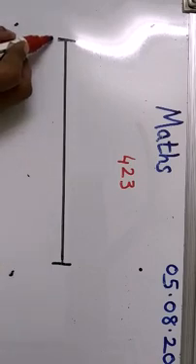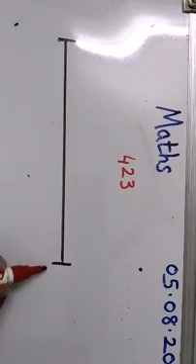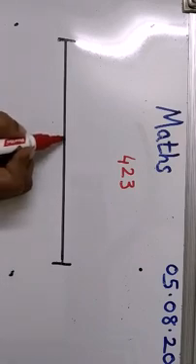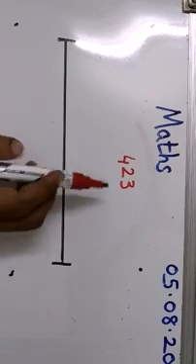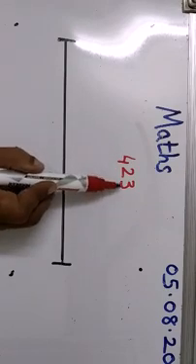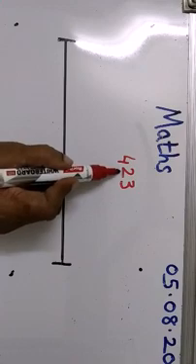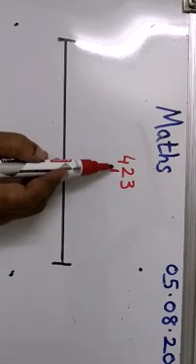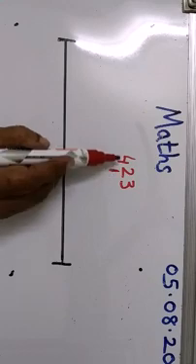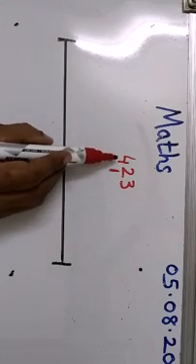The left side is your lower end, and your right side is the higher end. And then you will have a number in the middle. Now children, look here. When it is a 3-digit number, you look at this place. Which place is this, children? The tens place.